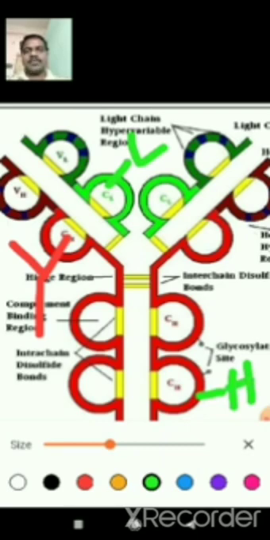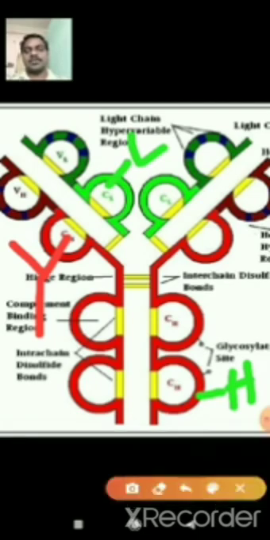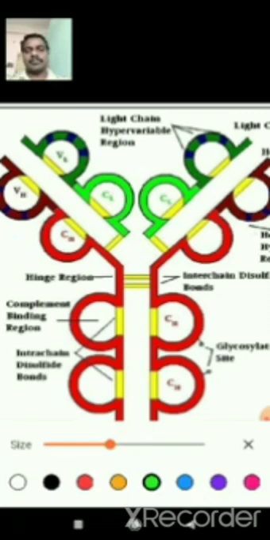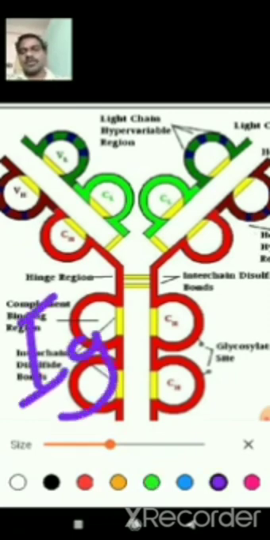These two types of chains are arranged as a Y-shaped structure. Antibody is also called immunoglobulin. Ig means immunoglobulin.